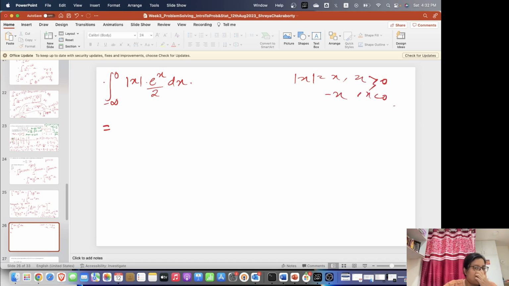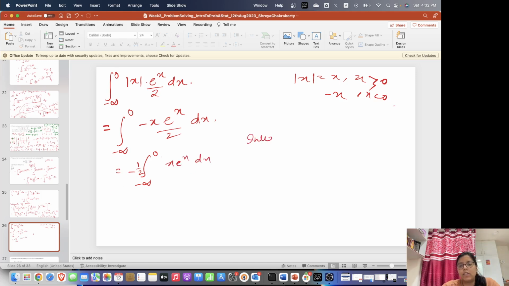So in this range x is less than 0, so we can write it as minus infinity to 0 minus x e to the power x by 2 dx. So we'll take minus over here, minus infinity to 0 minus half x e to the power x dx.